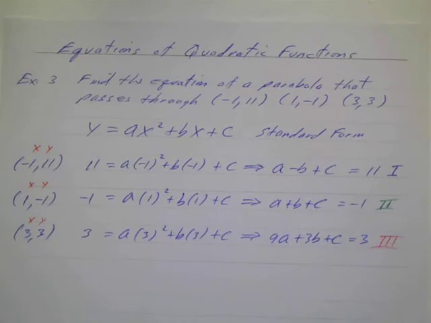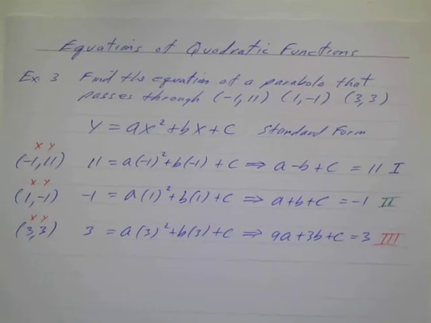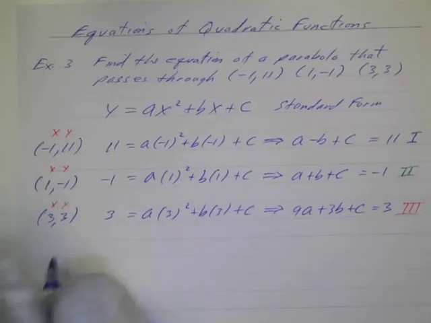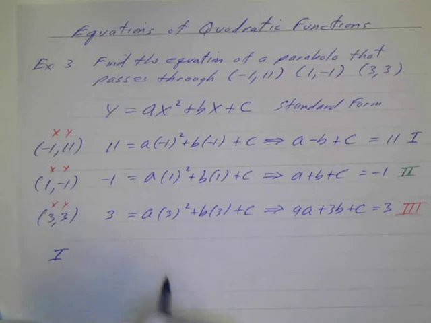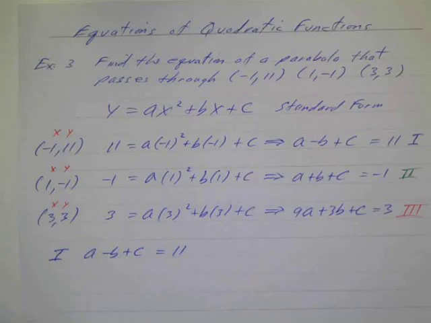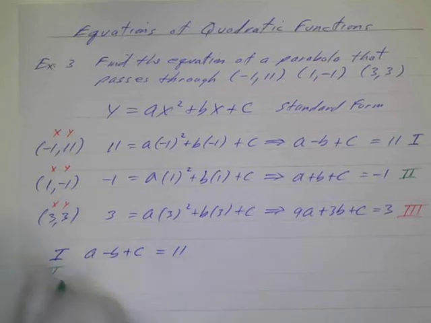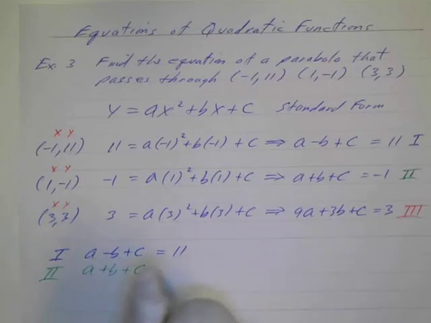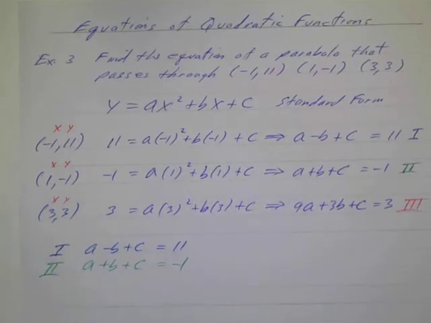I got to go back and review how do we do 3 equations with 3 unknowns. So equation 1 looks like this: a minus b plus c equals 11. Equation 2 looks like this: a plus b plus c equals negative 1.